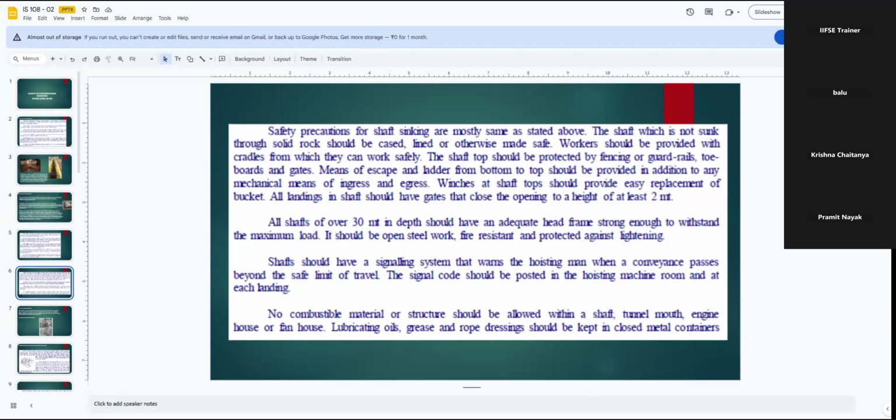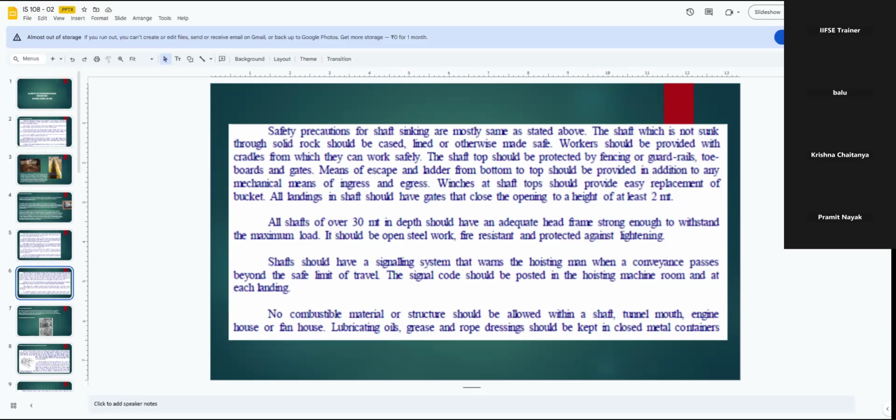We use the vertical one as a shaft, whereas the horizontal one is made for horizontal supports. All shafts over 30 meters in depth should have an adequate head frame, strong enough to withstand the maximum load, and it should be open steelwork, fire resistant, and protected against lightning. The shaft should have a signaling system that warns the hoisting man when any conveyance passes beyond the safe limit of travel.